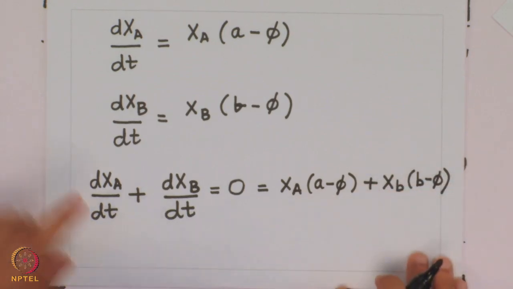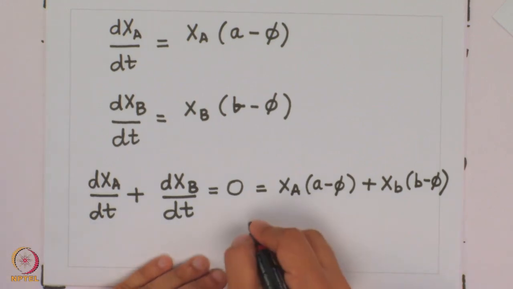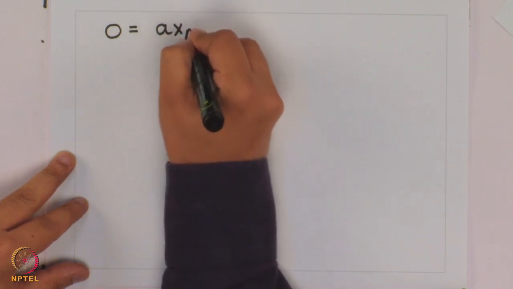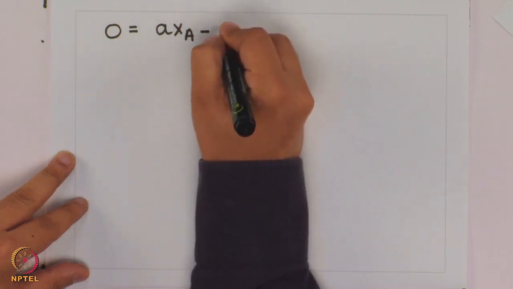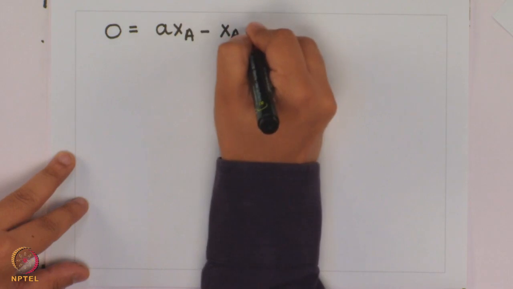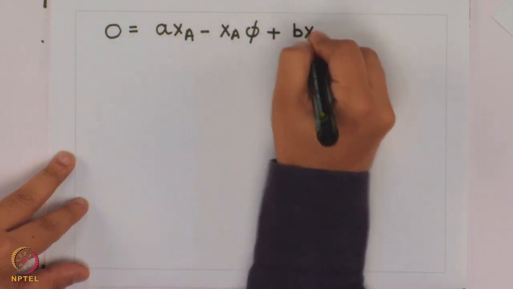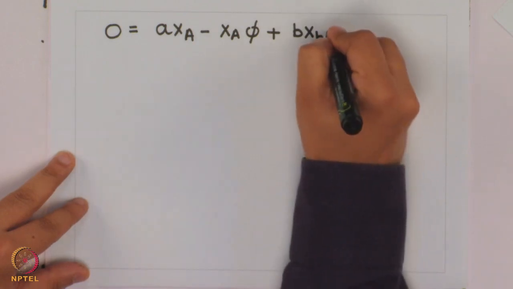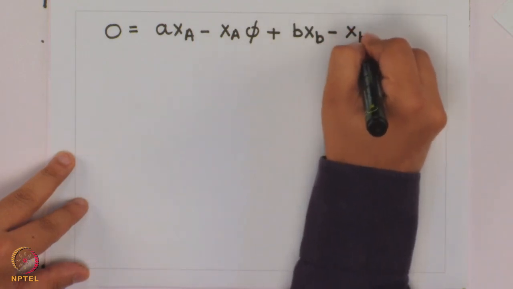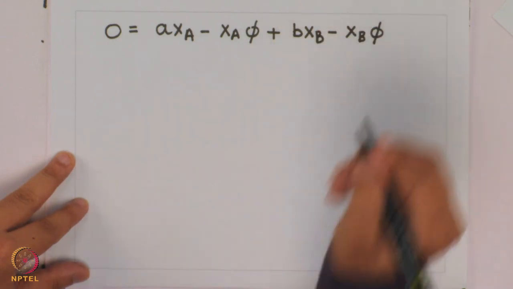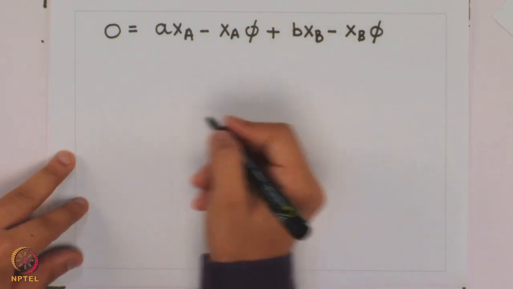I solve these together, and let me do that on the next slide. I get 0 equals a times xa minus xa times phi plus b times xb minus xb times phi. I am just going to do some rearranging.